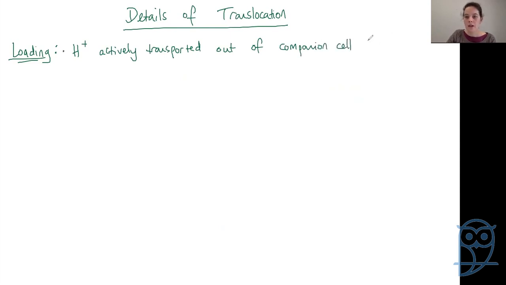So remember, if you want to know it, this is a proton pump that does this one. Because we always have a specialized protein to do any specialized transport job. So the specialized protein that is actively transporting hydrogen ions, protons, out of the companion cell is called a proton pump. Bear in mind also that this out of the cell is just across the cell membrane.